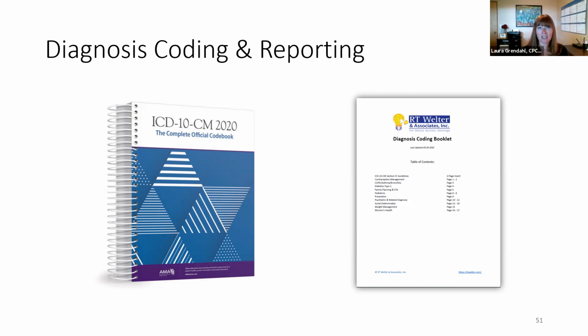So take a look at that. It's a really great quick reference guide for you. It is in a PDF format, so you can easily do your quick Control F and search for what you're looking for. It's really nice, instead of lugging that big book around with you all the time.